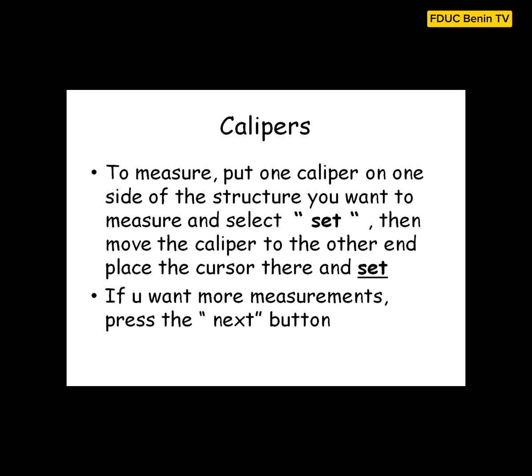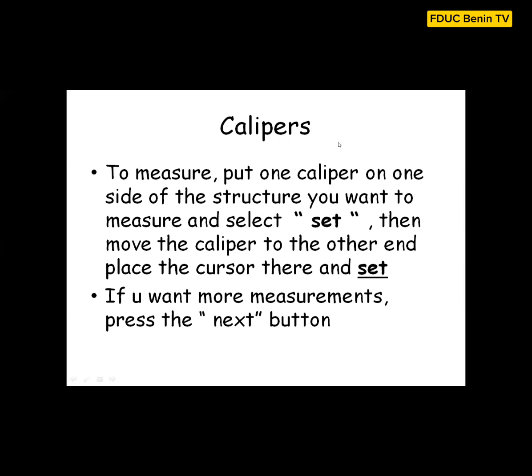Then you click on next, and it will move the other arm of the caliper to the other end of the femur. You click set, and automatically the measurement will display on the screen. If you need to make multiple measurements, you click on the next button.